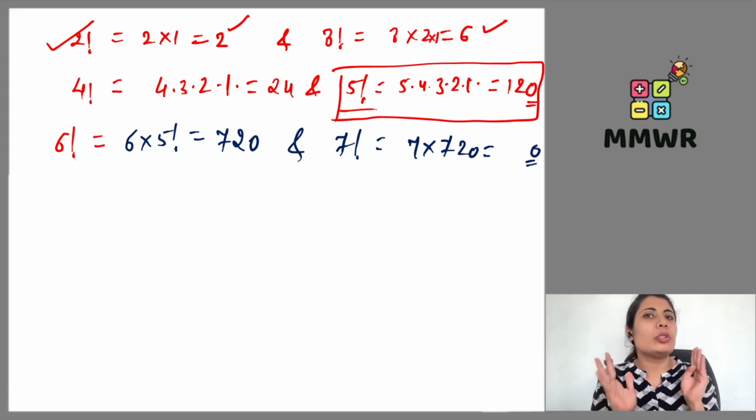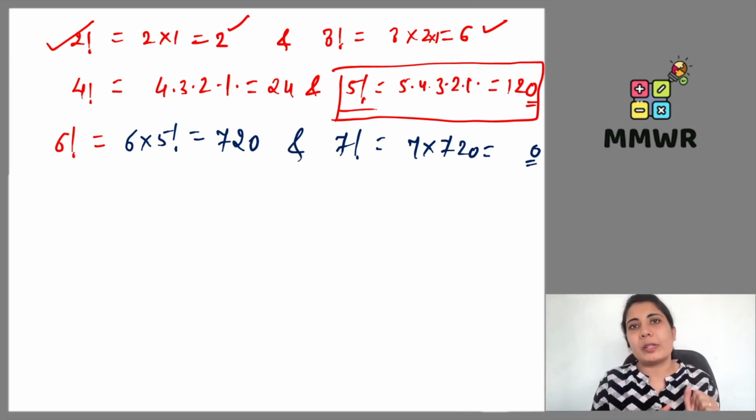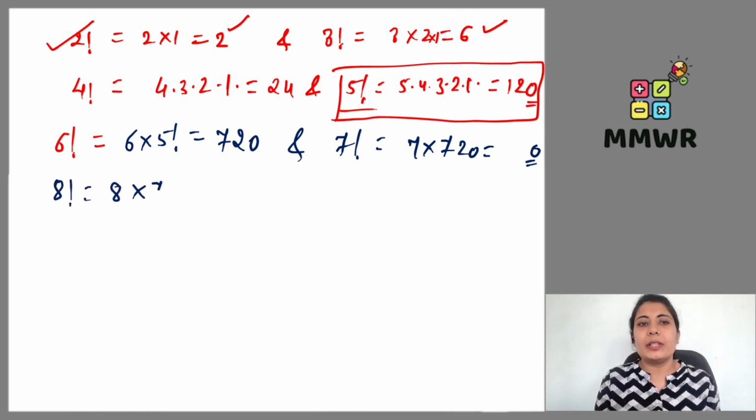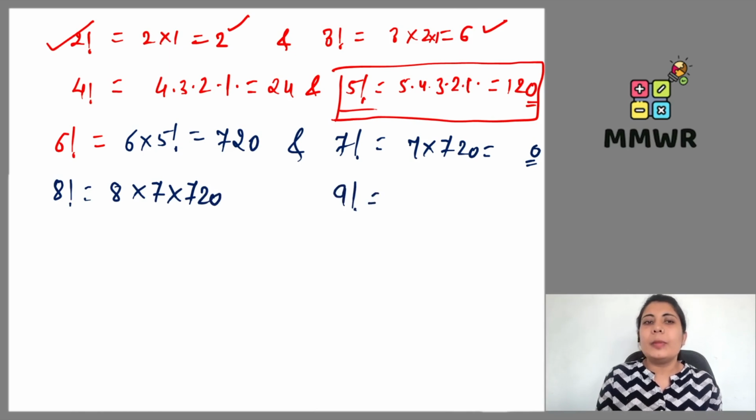I just want to give you the information related to the number of zeros, not about the number which we will be getting as the product, as the answer. Then 8 factorial will be 8 multiply 7 multiply 720. Then 9 factorial will be 9 multiply 7 8s are 56 multiplied by 720. Here also 1 zero will be at the end.